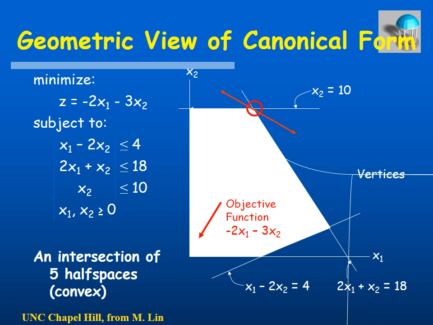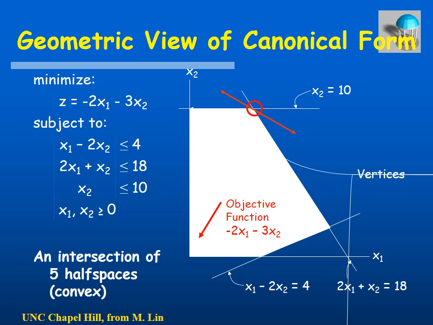And if we want to minimize, we'd want to move up and to the right along that vector direction. If we took a new z, which is minus the old z, then we'd go in the direction 2, 3. The vector would be reversed, and the maximum would occur at the circled point in the upper right.